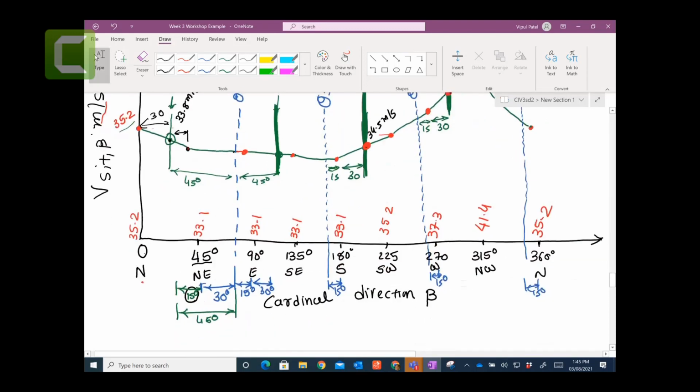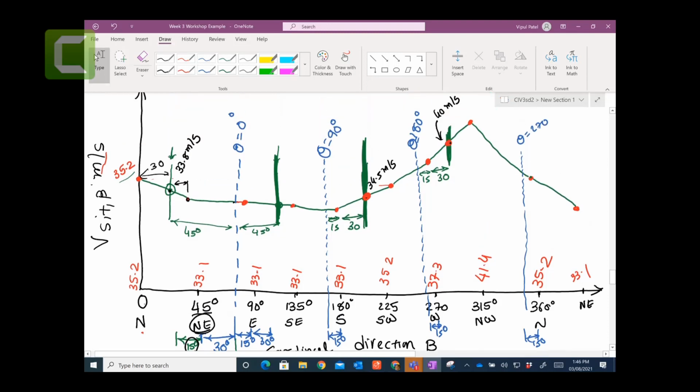And let me continue this one, north and then northeast as well. Just put this one for completeness, northeast, and that northeast has 33.1. So let's continue that line. So you have this 33.1. So let's draw the 45 one.